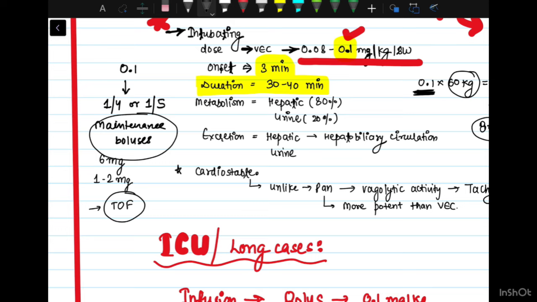Let's talk about the metabolism. It is metabolized by liver, and its extrahepatic metabolism is 20%. Then excretion is by hepatic and extrahepatic pathway. It is excreted in the urine itself also. So you can see that it has a mixture of metabolism and excretion from hepatic and non-hepatic pathways. That means it is not absolutely contraindicated.